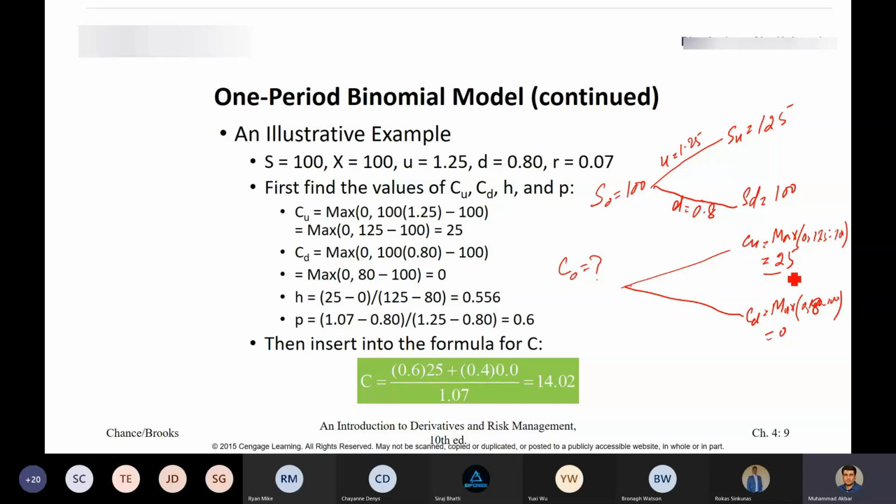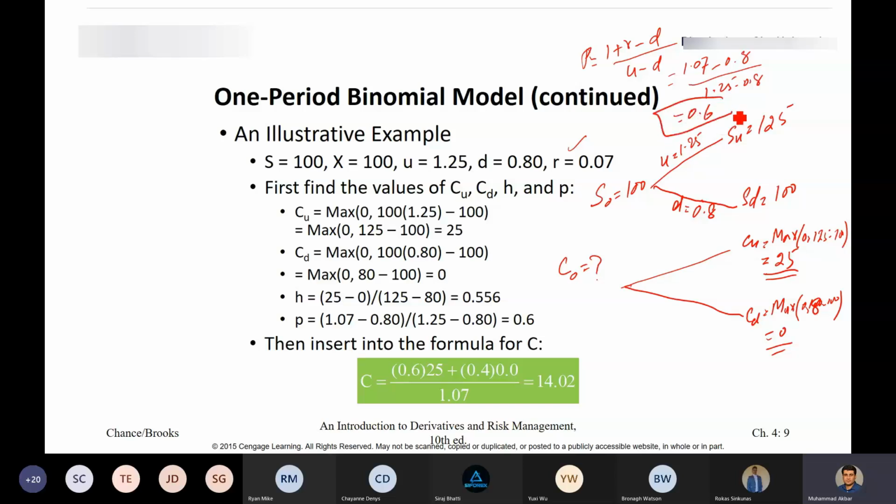So we know CU and we know CD. We are not told how much P is, but we can calculate that because the risk-free rate is given, and the D and the U factors are given. So P will be equal to 1 plus R minus D divided by U minus D. In this case, 1.07 minus 0.8 divided by 1.25 minus 0.8, and that is approximately equal to 0.6.